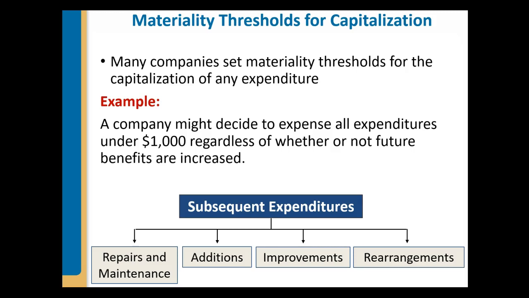Judgment is required to determine the appropriate materiality threshold as well as the appropriate treatment of expenditures over $1,000. Subsequent expenditures can be classified as repairs and maintenance, or additions, improvements, and rearrangements.